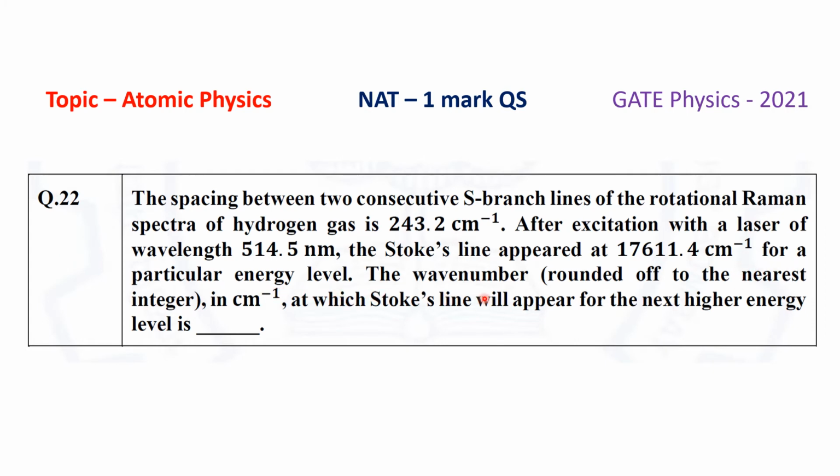The wave number, rounded off to the nearest integer in centimeter inverse, at which the Stokes line will appear for the next higher energy level is. Let us see how to solve this problem.